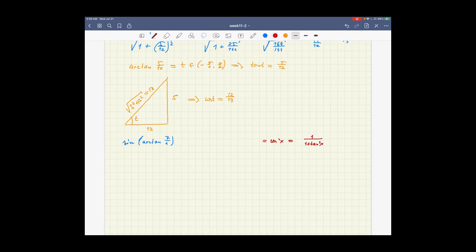Cosine squared is 1 minus sine squared. Therefore, sine squared here is 1 minus 1 over 1 plus tangent squared. Therefore, sine is plus minus square root 1 minus 1 over 1 plus tangent squared.